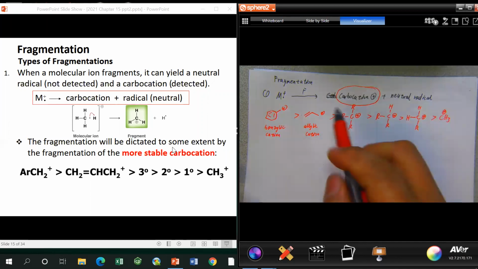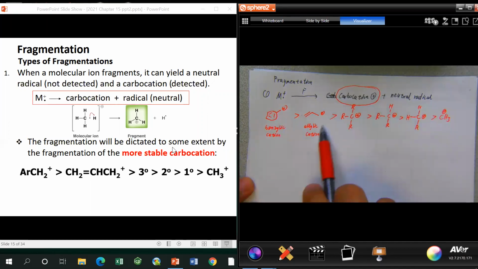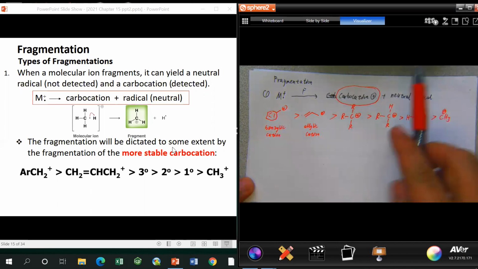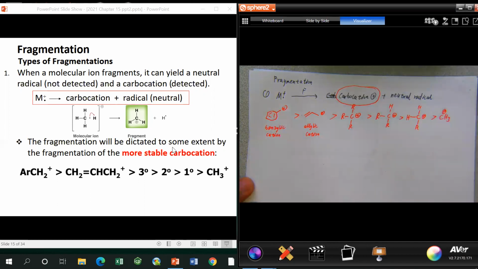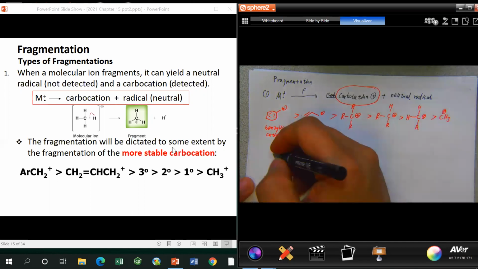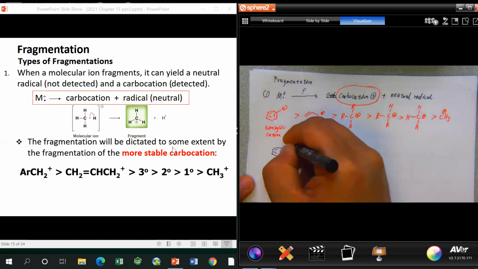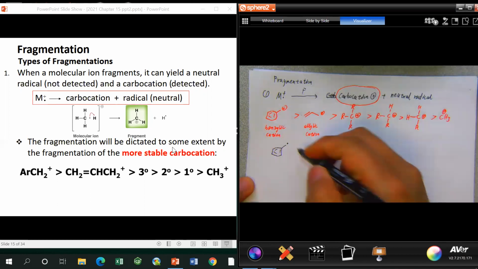So when the fragmentation happens, you try to generate the most stable carbon cation. And actually for the radical, it also pretty much follows the same order. The most stable radical is the benzylic radical. A radical is just a single electron here.